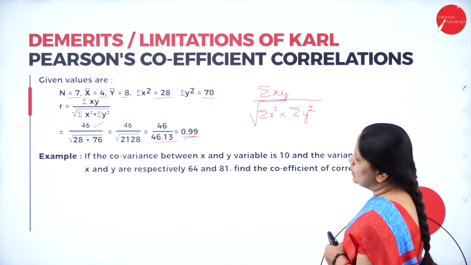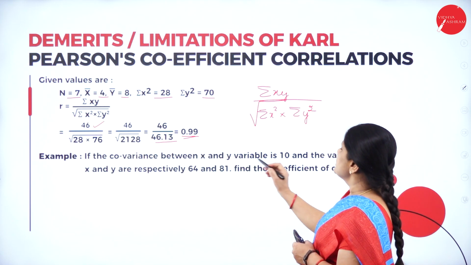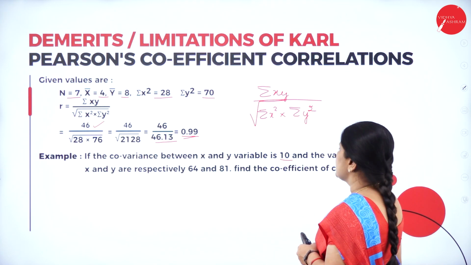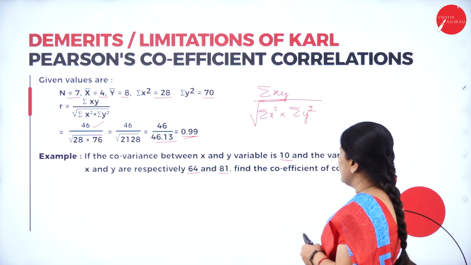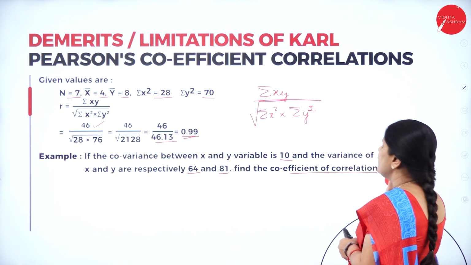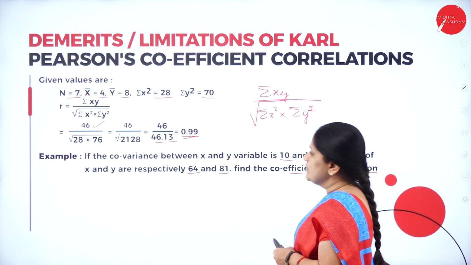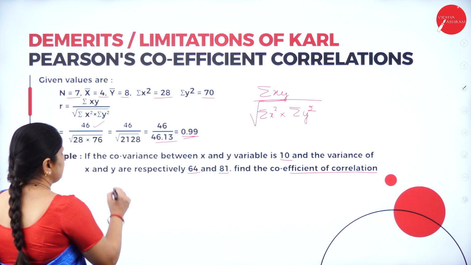Now, there is one more example. If the covariance between x and y variables is 10 and the variances of x and y are 64 and 81, find the coefficient of correlation. So, we have a problem here. What are the values given?